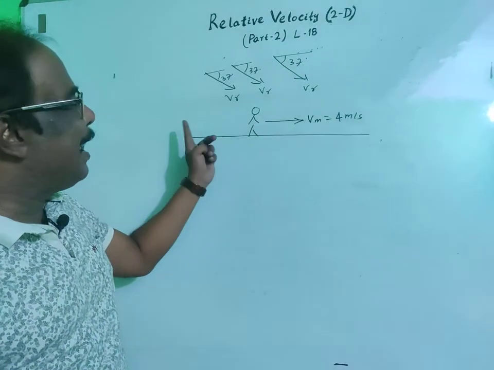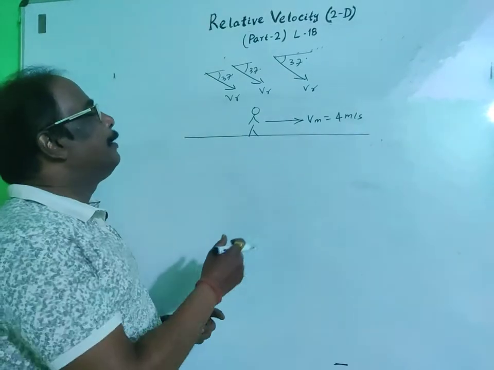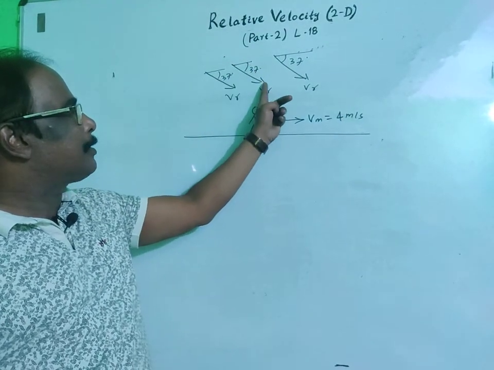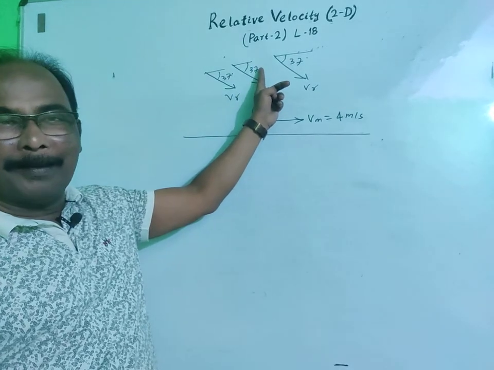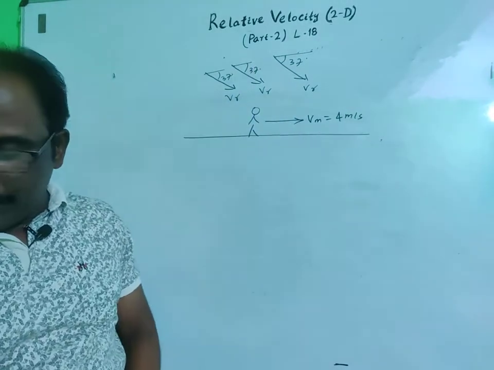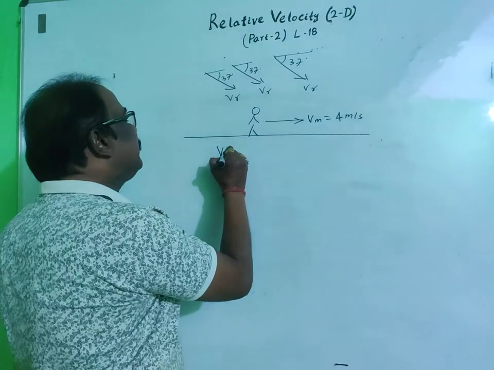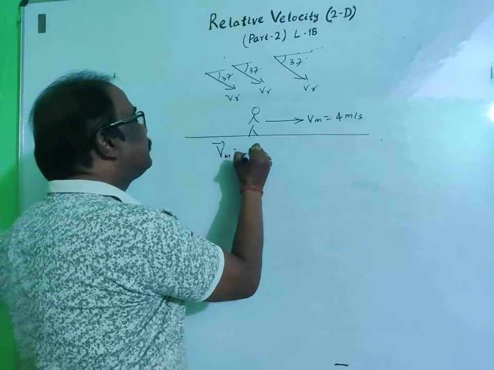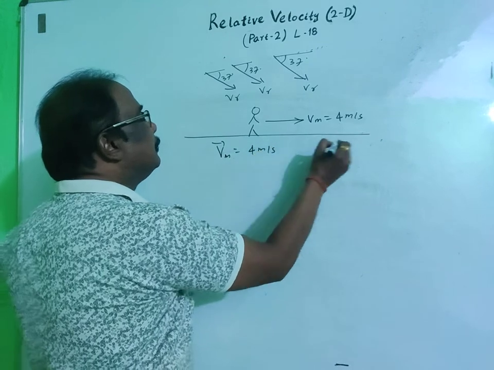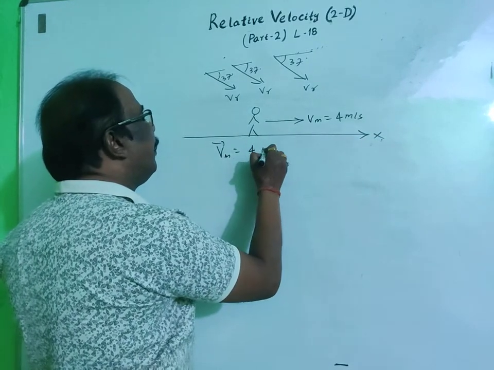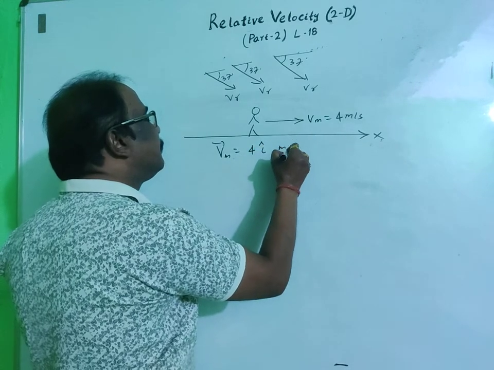Man is moving horizontally with a velocity of 4 meter per second. Rain falls at an angle 37 degree with horizontal. Then how can you solve it? Velocity of man is 4 meter per second along positive x-axis. I may write 4 i cap meter per second.